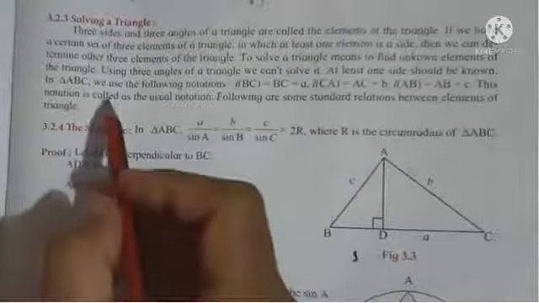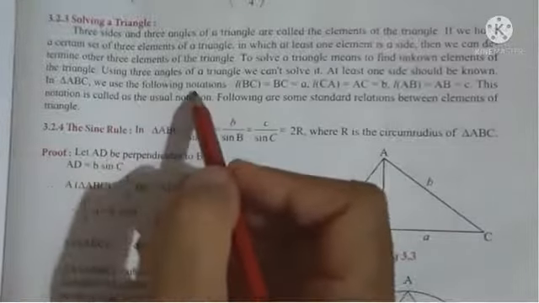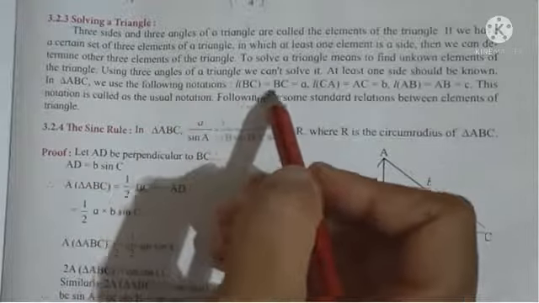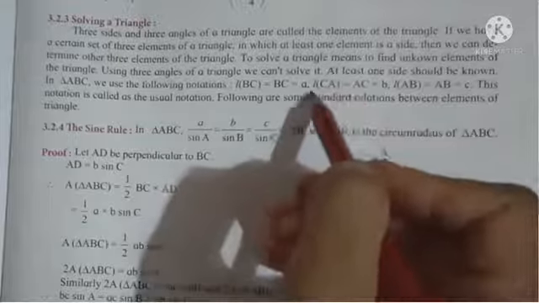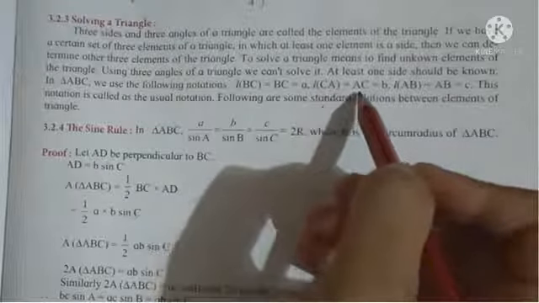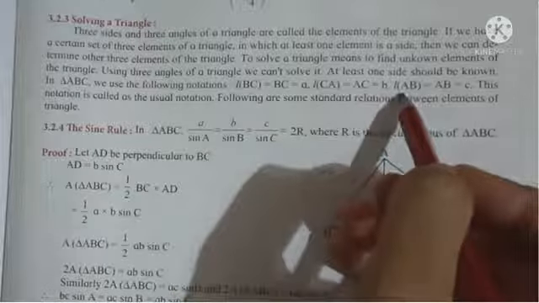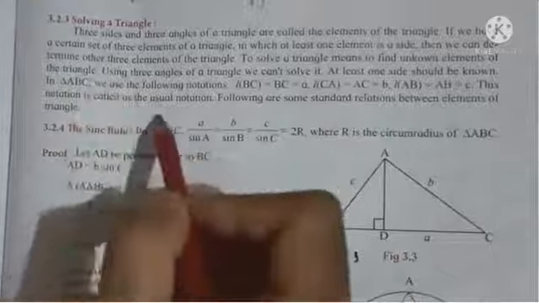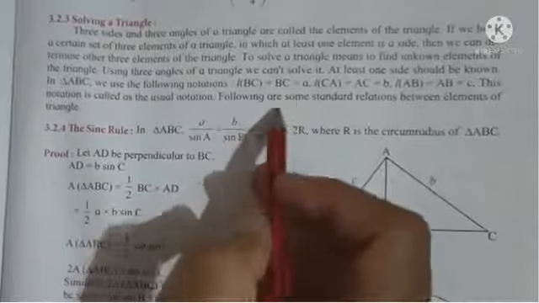So, in triangle ABC, we use the following notations. Length BC is equal to a, length CA is equal to b, and length AB is equal to c. This notation is called the usual notation. How does this notation come about?